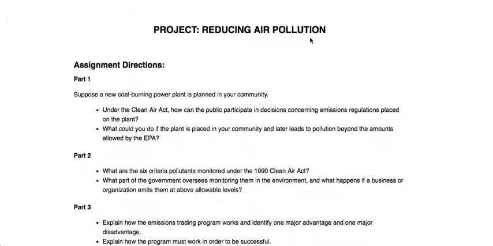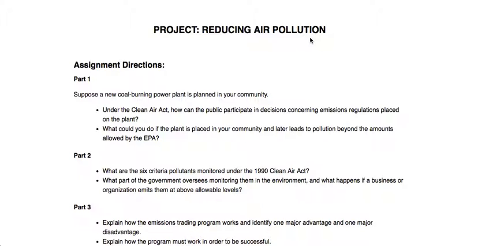What we're looking for is for you to discuss essentially the EPA's process for implementing these new regulations on the plant. Talk about the hearings that are involved. Talk about how the Clean Air Act gives you the opportunity to directly get involved.